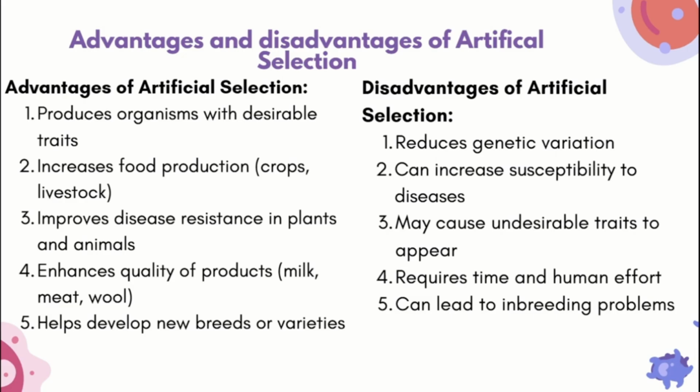And then it says it improves disease resistance in plants and animals. So yes, artificial selection is not only about producing food for the market or getting more milk or getting more eggs. It's also about keeping plants and animals healthy. Because let's just say that there is a particular illness that affects these types of animals, and we're trying to build up resistance in them.